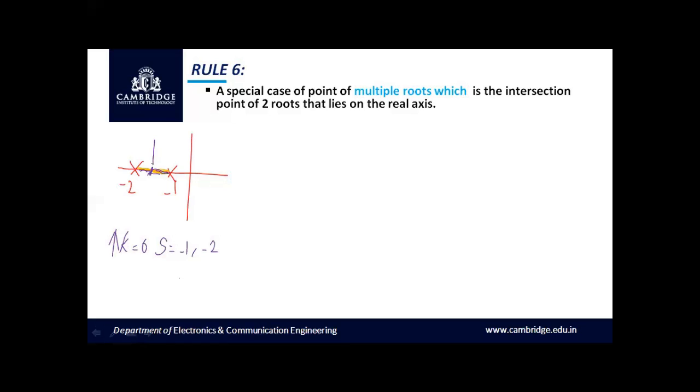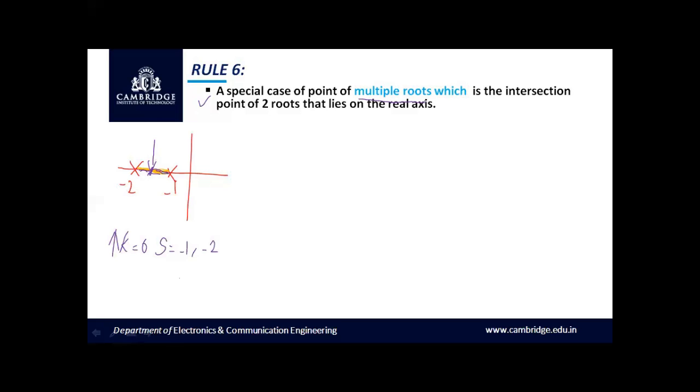Hence, the two roots meeting at the same point on the real axis for a particular value of k will have multiple poles in that location. That is what has been specified here in this statement, a special case of point of multiple roots.